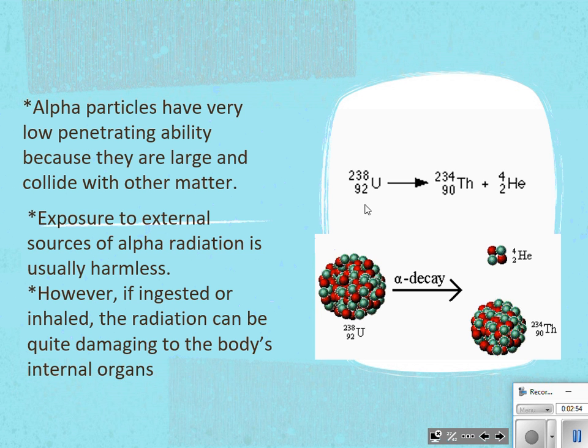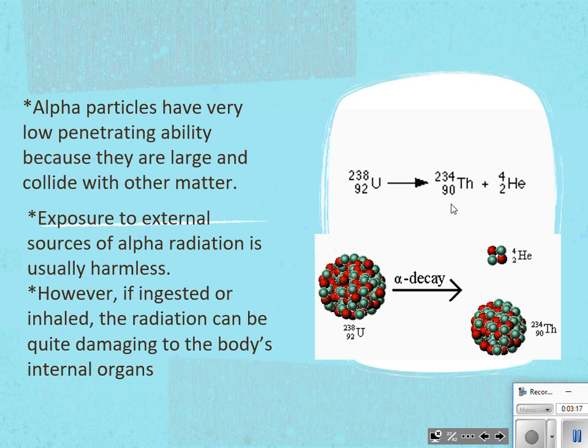We'll talk about this next, but if you look, what's 238 minus 4? 234. What is 92 minus 2? 90. So, what is element TH? I'm not familiar with that.